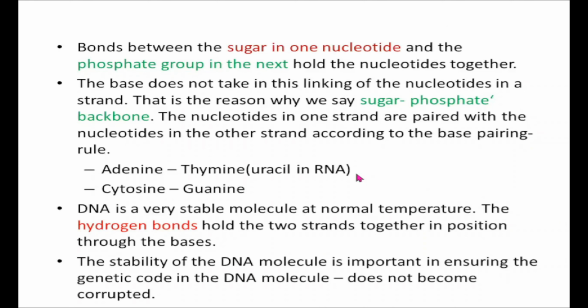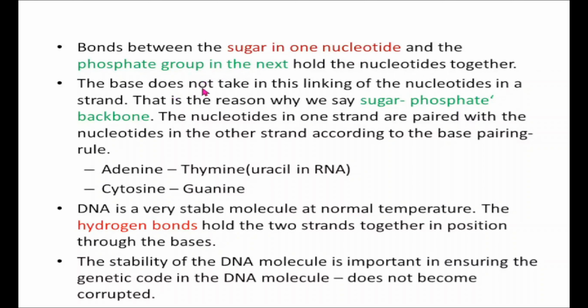Bonds between the sugar in one nucleotide and the phosphate group in the next hold the nucleotides together. When nucleotides come together to make the DNA molecule, as we said, the nucleotides are the building blocks of the DNA molecule. How they make a bond is that the sugar of one nucleotide bonds with the phosphate of the other nucleotide.